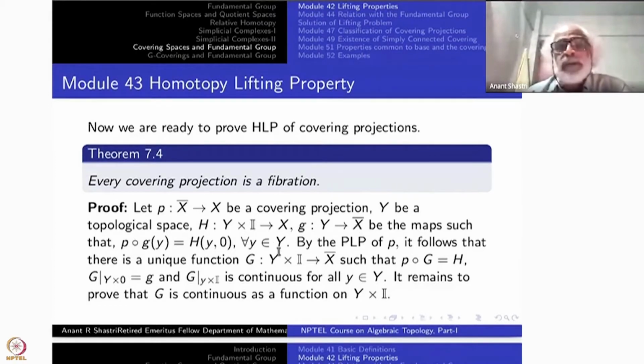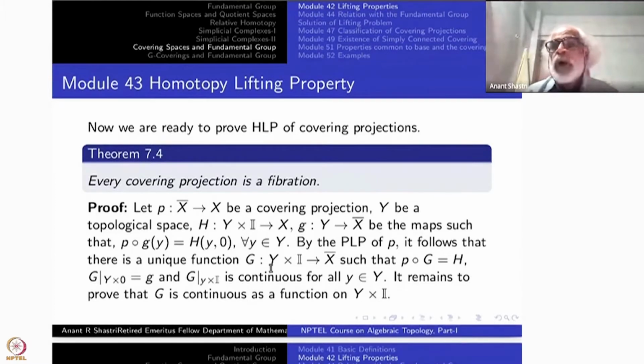What you get is a function G with this property, but this function may not be continuous as a function from Y cross I to X bar. It is continuous whenever you restrict the first coordinate y to a single point. So that much you have already got. And by this requirement, as a function, it is unique.